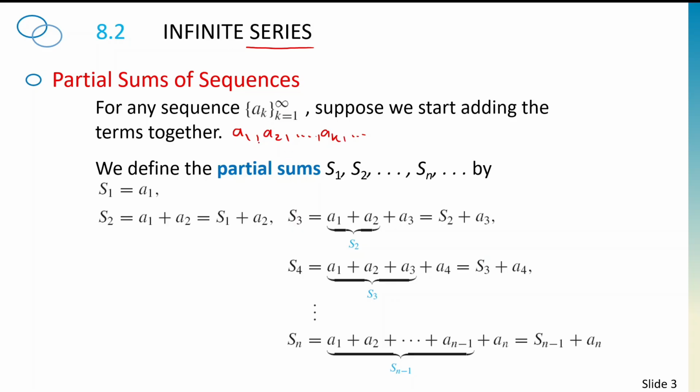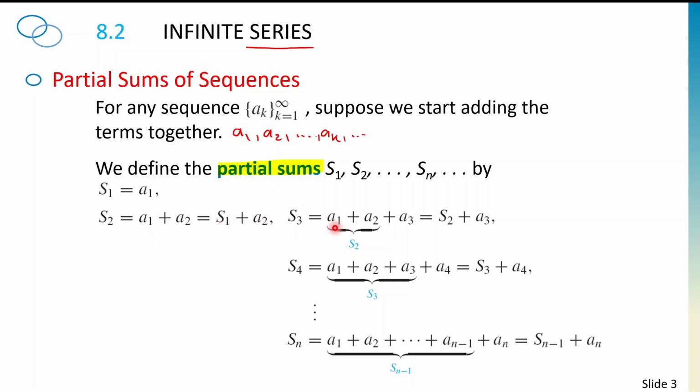Now let's say that for the terms of a sequence, we start to add up its terms. And we use the notation which we call the partial sums. If I start with S1, which is the first term, and then I move to S2, I add up the first 2 terms, which is S1 plus a2.